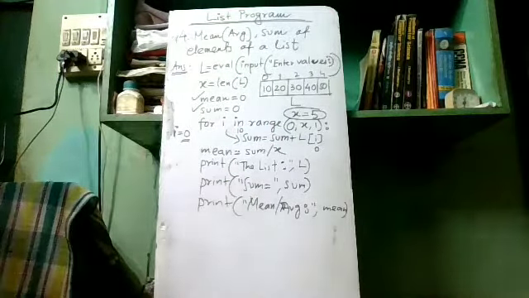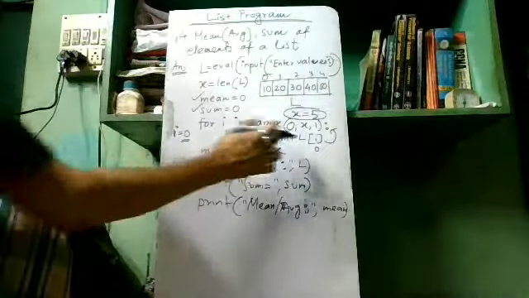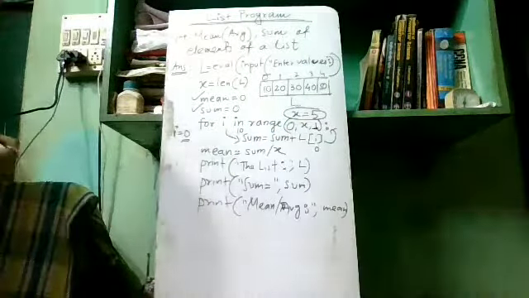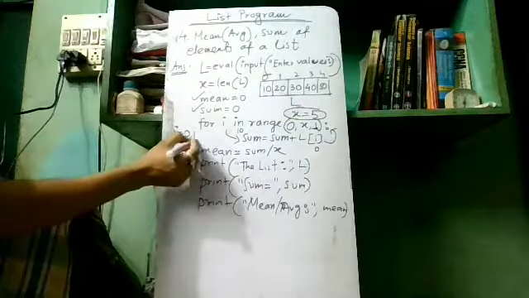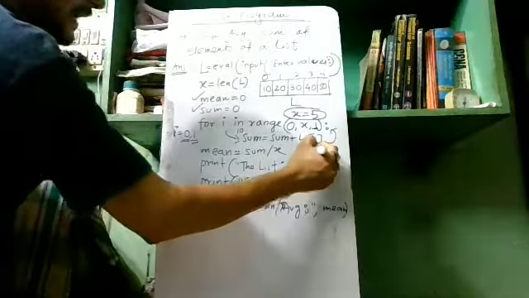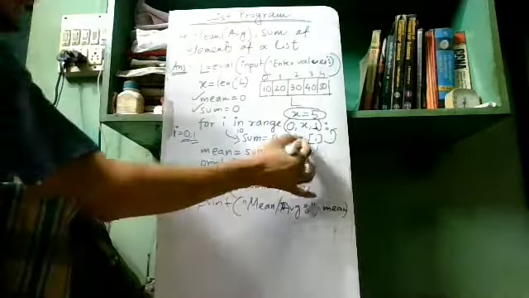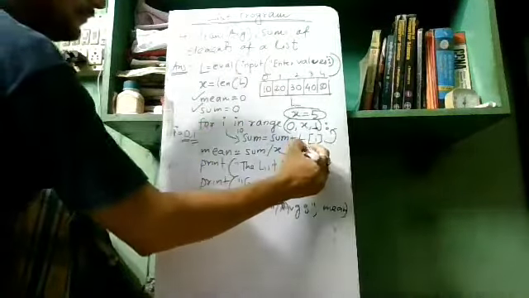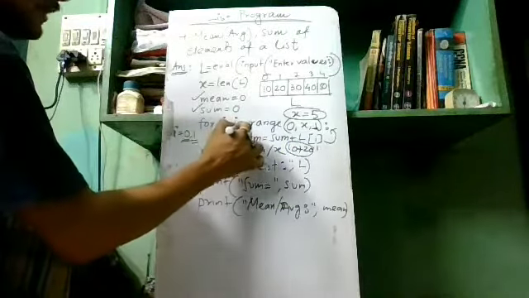Then from here the loop will circulate and I will be incremented by 1. Then I will be 1. If I is 1, then it will be Li, that means L1. Previously it was 10. Now L1 means 20. That means total 30. 30 will be saved in sum.